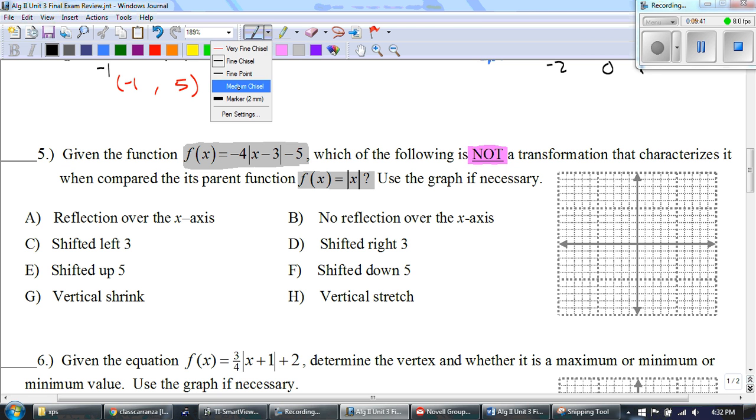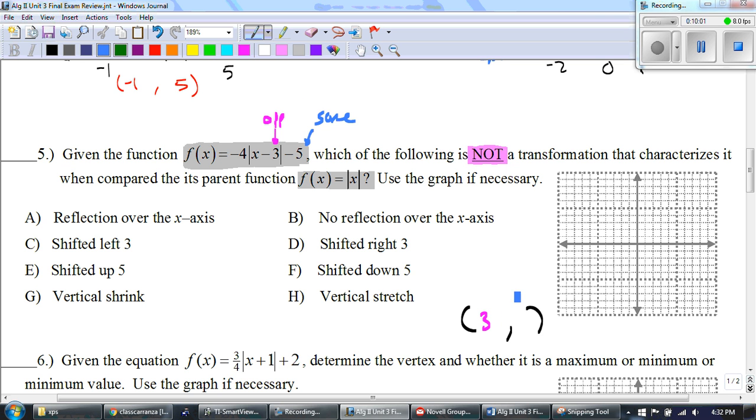If you want to, we can graph this, okay? The things we need are the vertex. Remember when we're doing that, we take the opposite and this stays the same. So the vertex is a positive 3, negative 5.